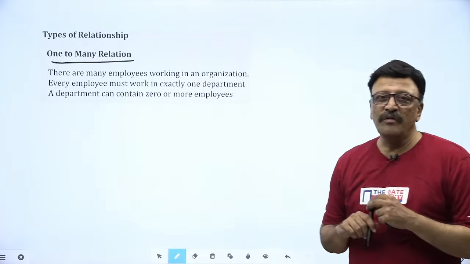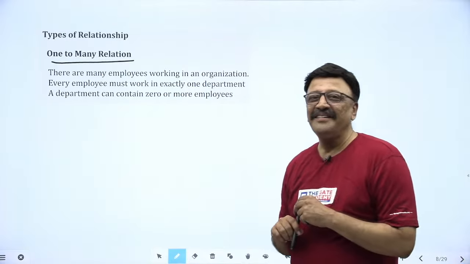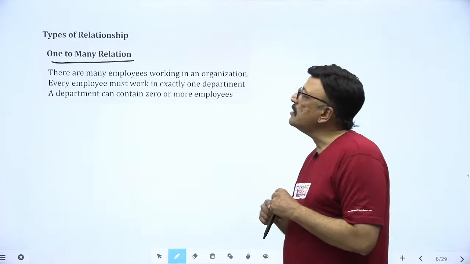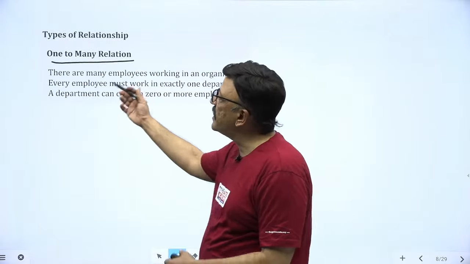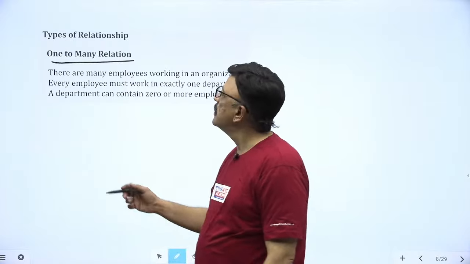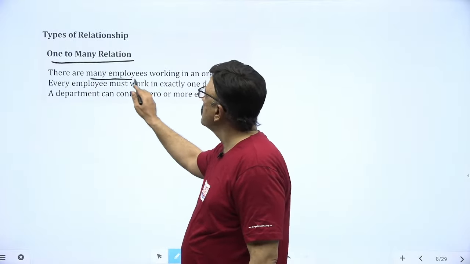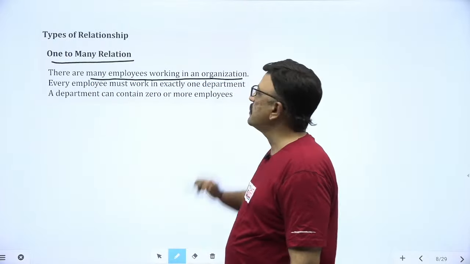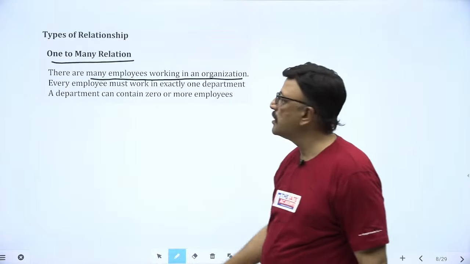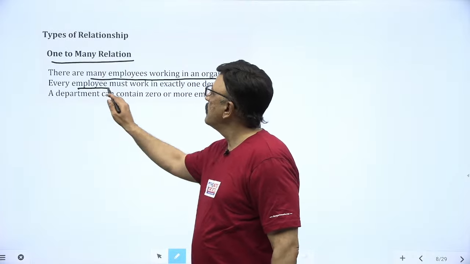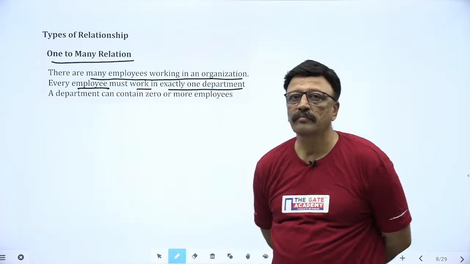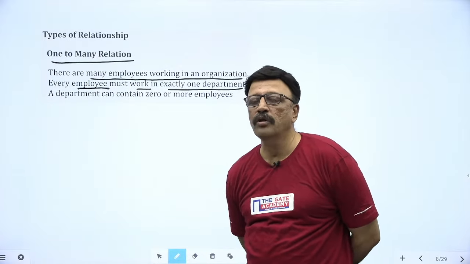Listen, we are coming to a very big quiz, slowly and steadily. This is the requirement given by our customer. There are many employees working in an organization. So definitely employee is an entity. Every employee must work in exactly one department. What did you get over here?